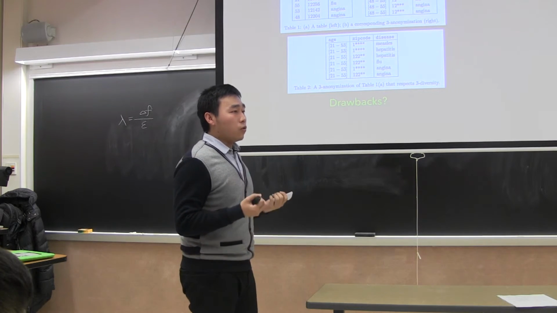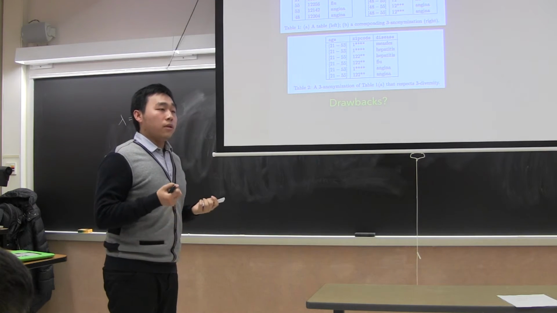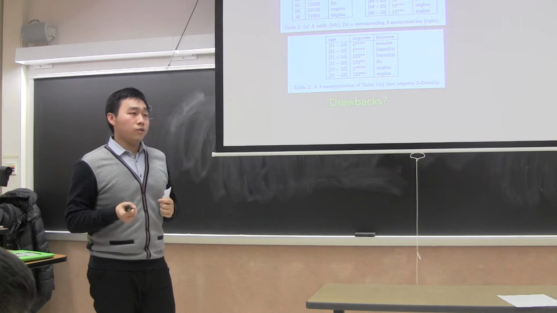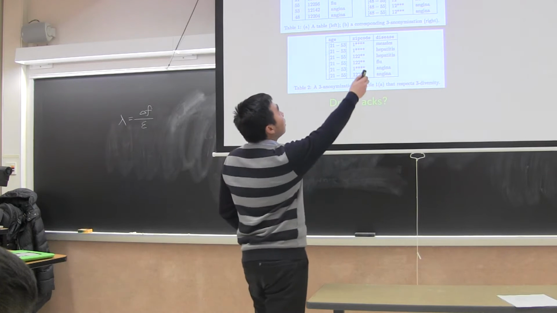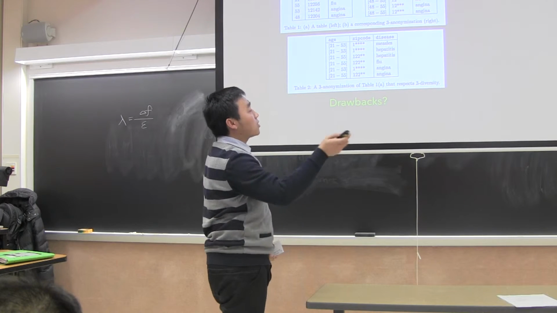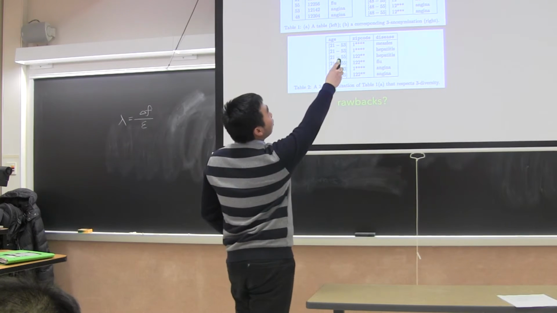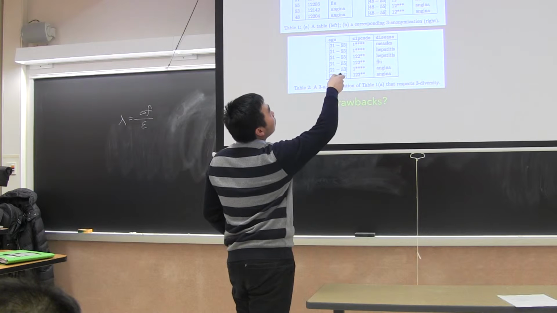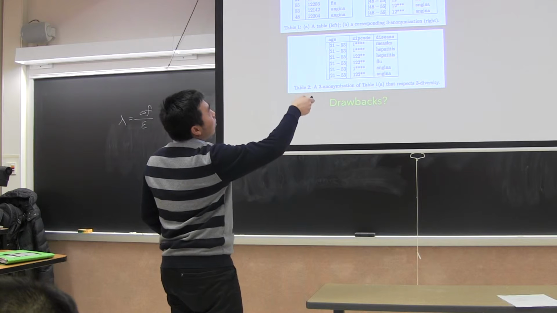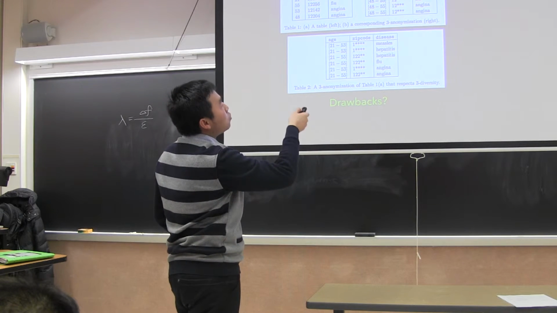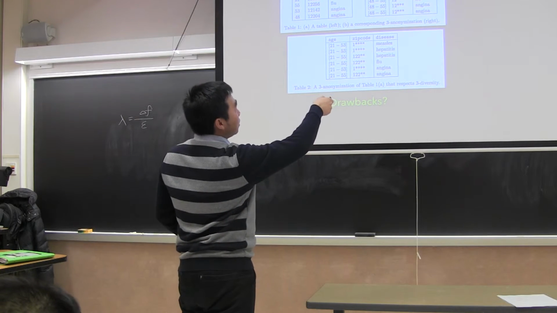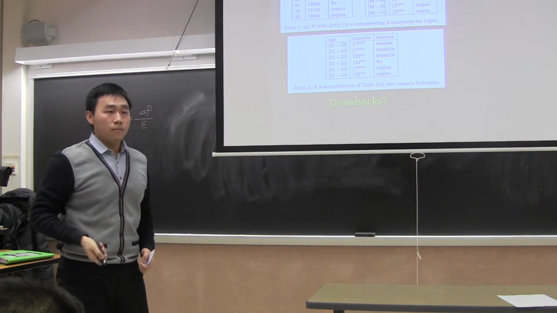If I am the attacker who wants to get an individual's information from the database, and I have some prior knowledge about you, that I know you are 23 and your zip code starts with a 1, then I can locate your records in this area, and I have a 2/3 probability that you have this kind of disease. This is a very high probability.